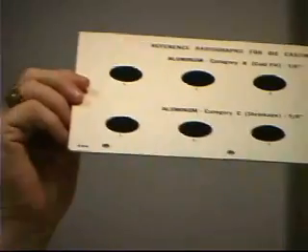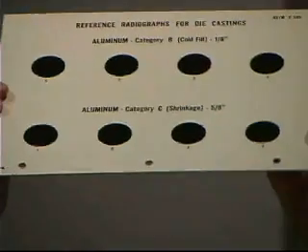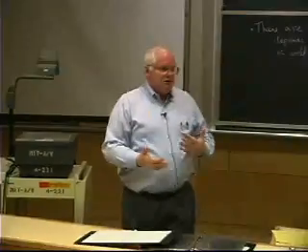And then they actually have radiographic plates, that I'll pass one around. This is for aluminum die castings. These are actually film. This is X-ray film. You can't see a thing unless you hold it up to the light. Yeah, you can see it. And you'll see the defects in the casting, and they have it for different thicknesses of aluminum.